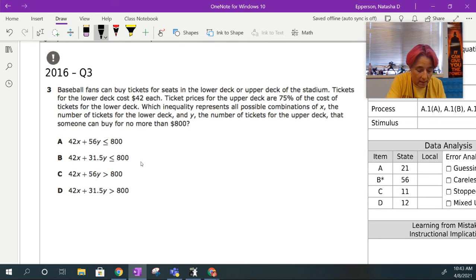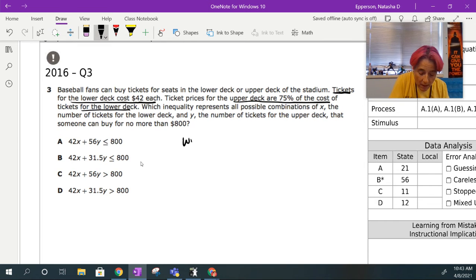Tickets for the lower deck cost $42, and then tickets for the upper deck are 75% of the cost of the lower deck. So we've got a little extra thing going on here, so we're going to have to do some thinking.